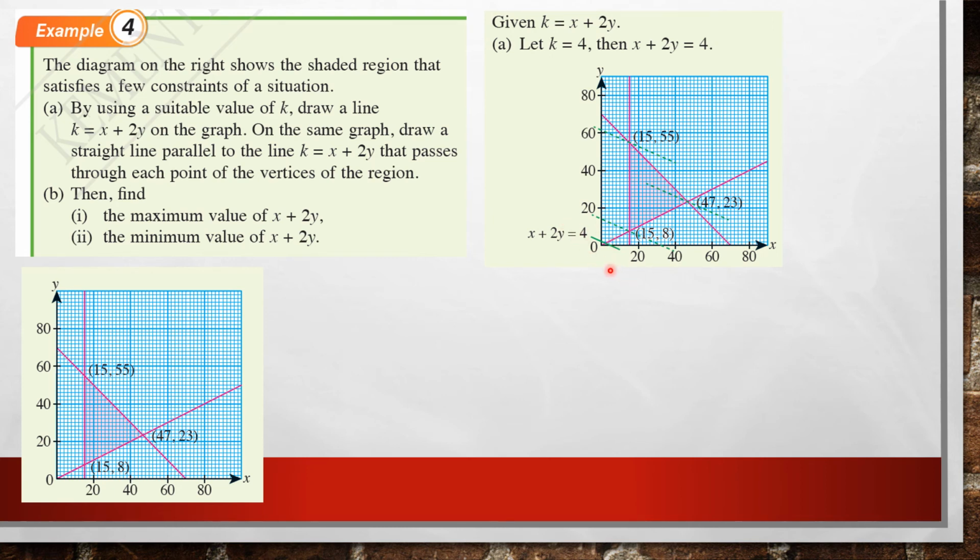You have to take a value that is suitable to draw a line, that satisfies your graph also. So here they took k equal to 4, so you draw a line. The line is shown in green color here.